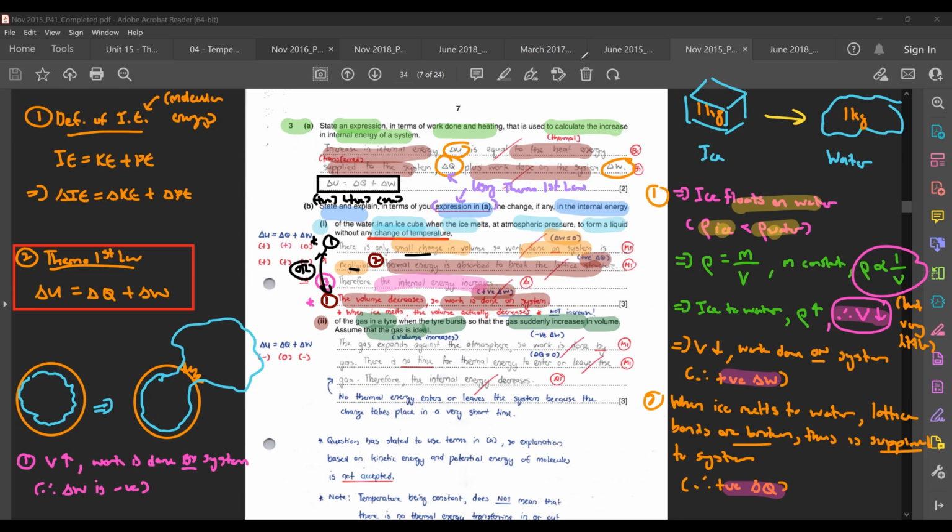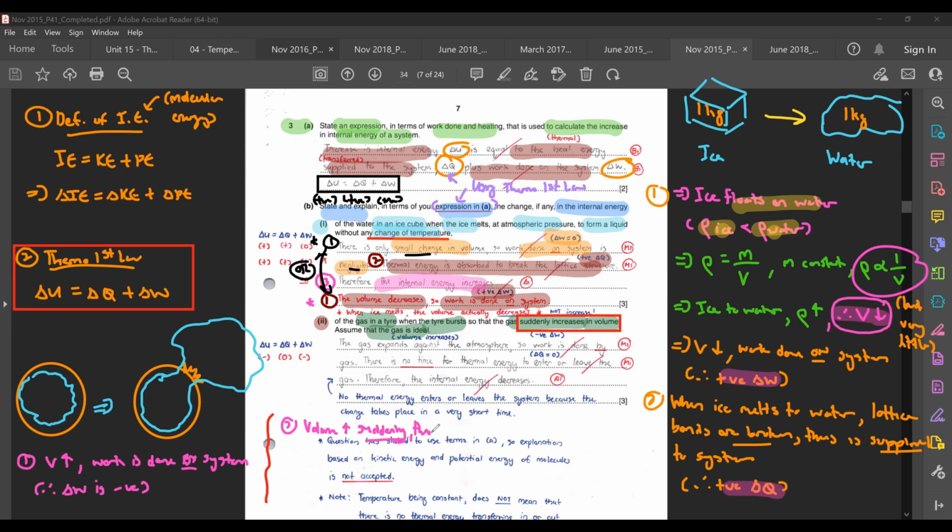Now, because they give you this keyword, your gas suddenly increases in volume. So because they tell you that it suddenly increases in volume, this one is a very, very short amount of time. So what I could say is something like this. Volume increase suddenly.